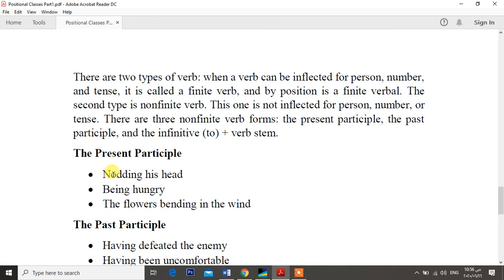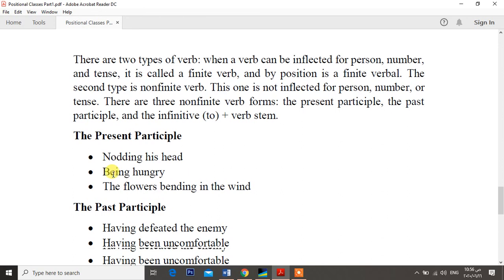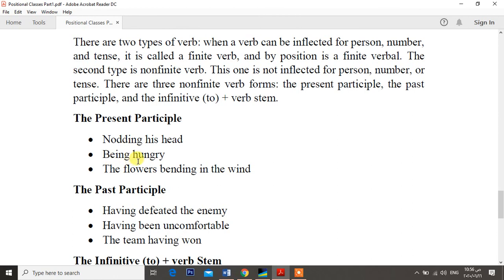It's a non-finite verb by form, and also a non-finite verbal by position. The second one, being hungry, and the third one, the flowers bending in the wind. Bending here is also a non-finite verb by form and a non-finite verbal by position.